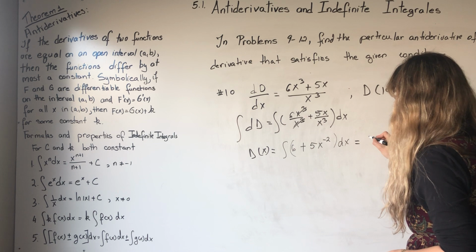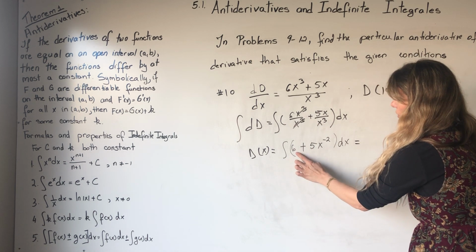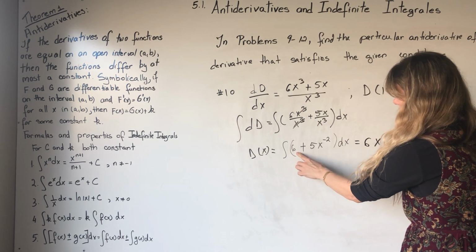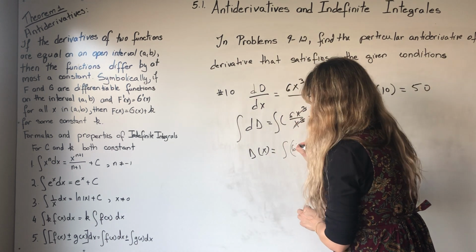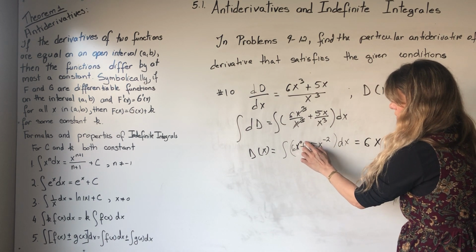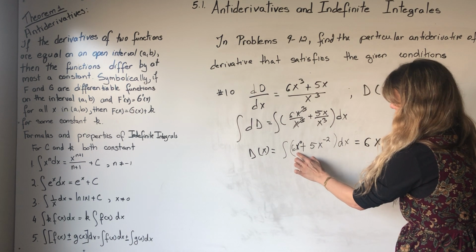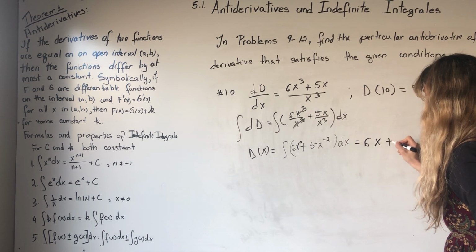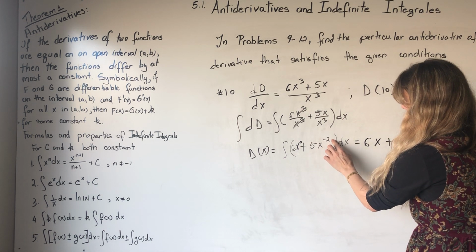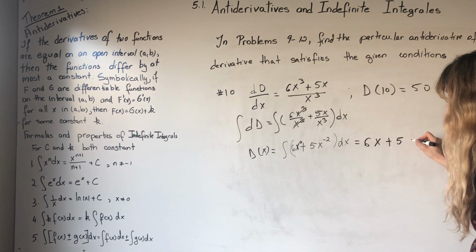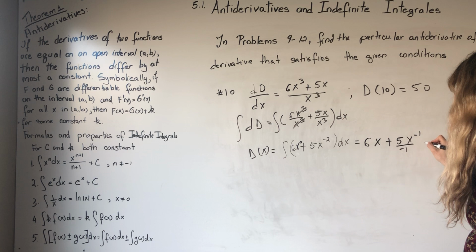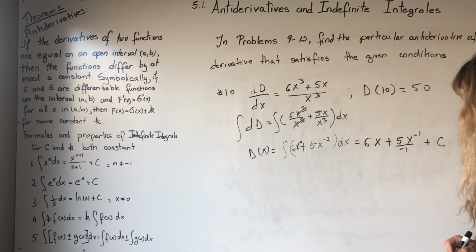So this is equal to the integral of 6, which will be 6x, right? Because this is x to the power of 0 once again, and we add 1 here, so it will be x to the first power divided by 1. Okay, so plus 5, this is negative 2 plus 1, it's negative 1, over negative 1 plus a constant c.